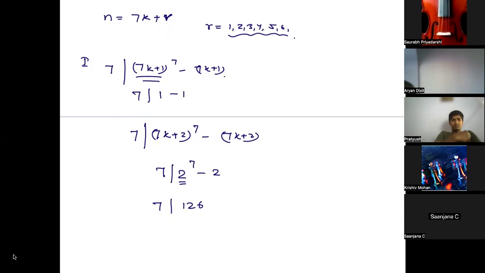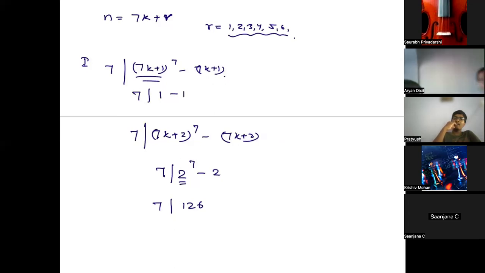Yes, Anjana? Sir, we can apply Fermat's theorem, right? Yes. Where anything raised to p minus 1 divided by p will give the remainder as 1. So if we take n out of the bracket, it'll be n into n raised to 6 minus 1. So n raised to 6 will give 1 as a remainder when divided by 7, and same for 1, which will give a minus 1.